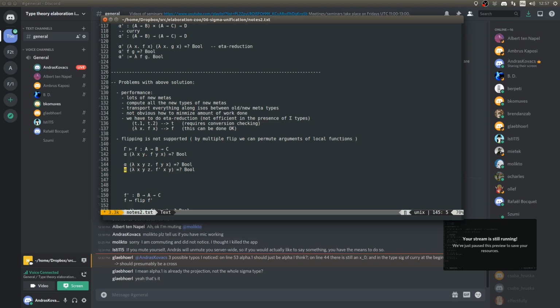Or maybe I'm confused here. So what we want to solve is alpha. It doesn't make sense to talk about ignoring z because we want to solve alpha.